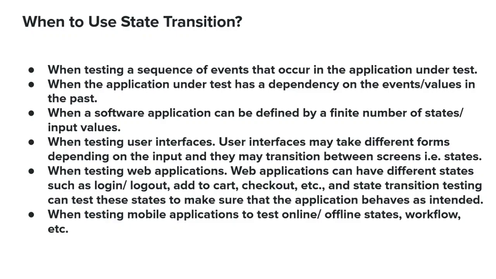So for example, let's say there is a user who is doing the first-time login. In the first attempt, he enters the correct username and correct password, then he should be logged in. If in the first attempt he enters an incorrect password, then we should allow the second attempt.